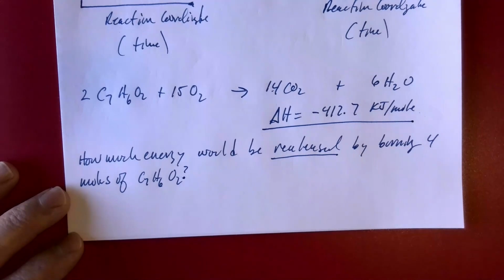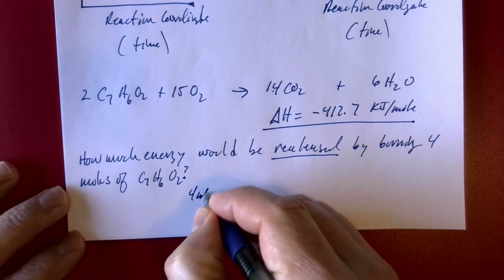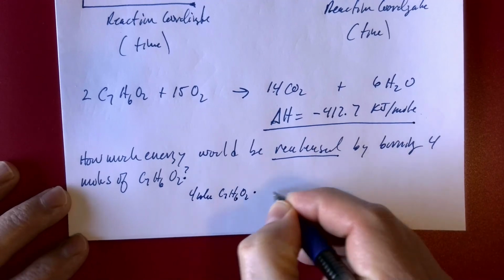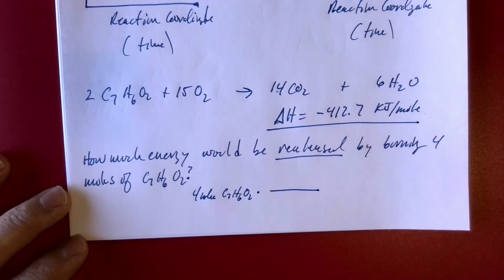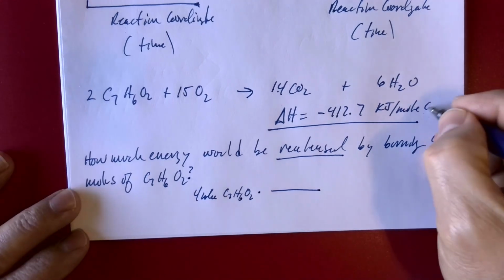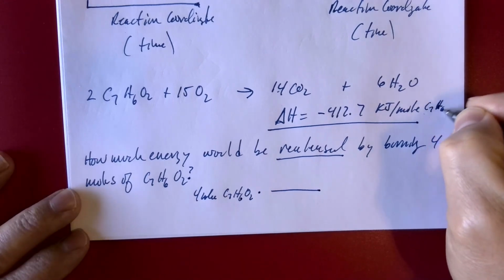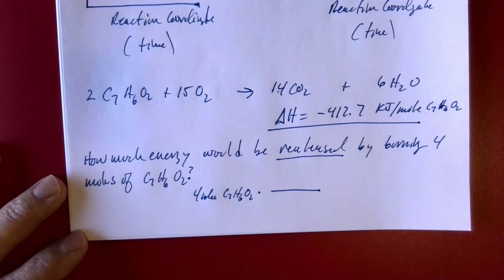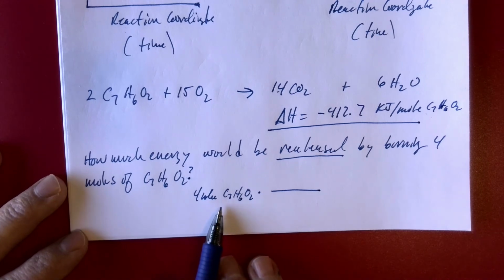So I'm going to start with 4 moles of C7H6O2. How am I going to do this problem? Anybody know? Well, don't I got to get rid of my moles here?